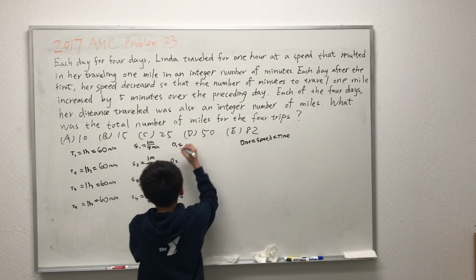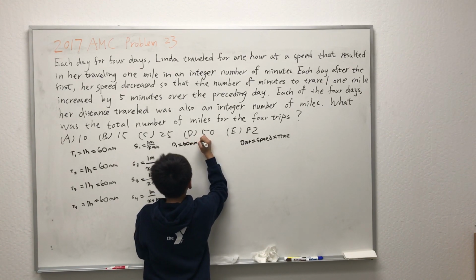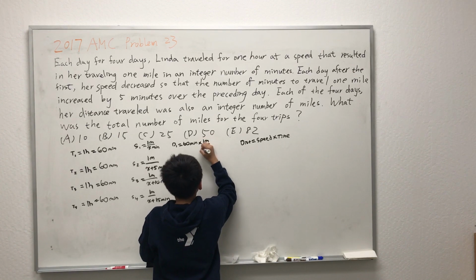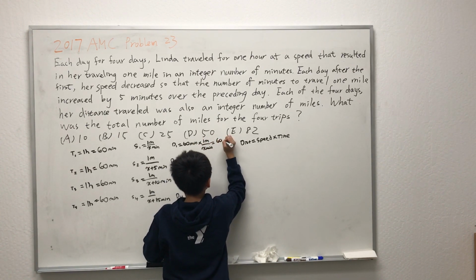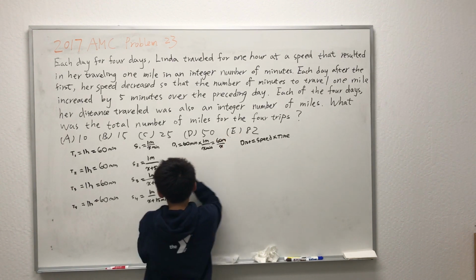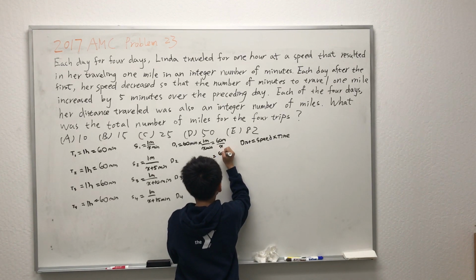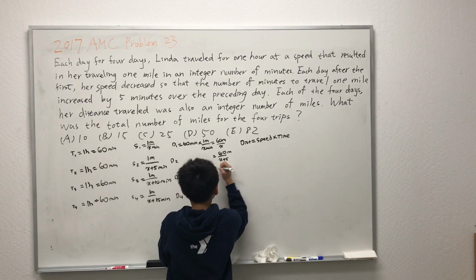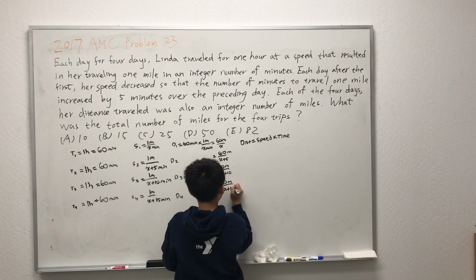We multiply 60 minutes times 1 mile over X minutes. We can cancel out the minutes to get 60 miles over X. The same thing here: we cancel out the minutes to get 60 over X plus 5. Same thing here, 60 miles over X plus 10. And last but not least, on the 4th day, 60 miles over X plus 15.